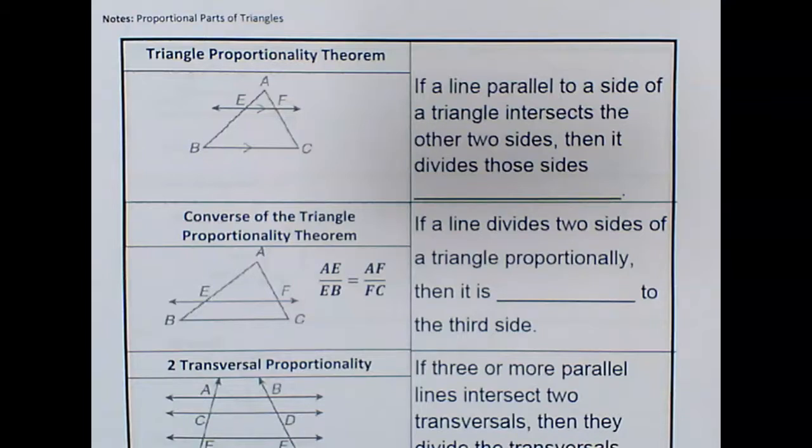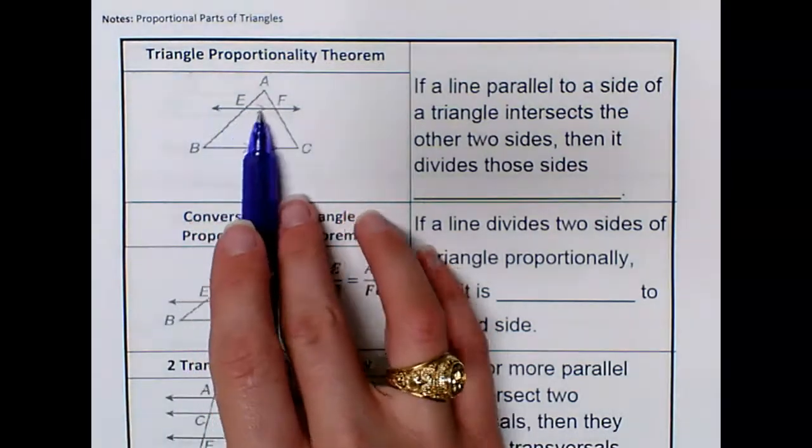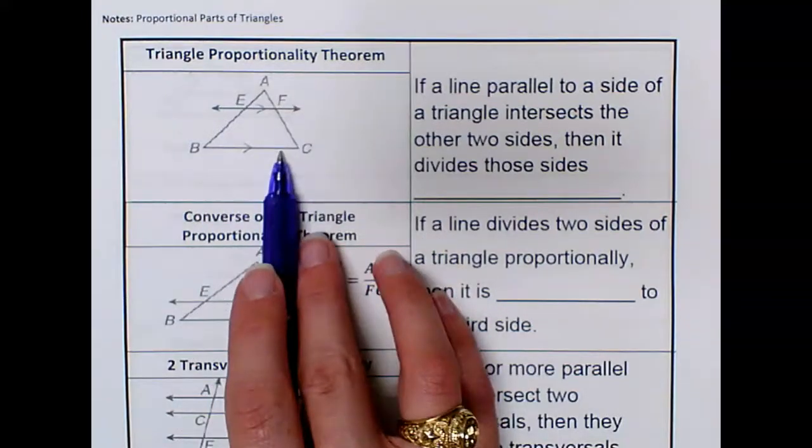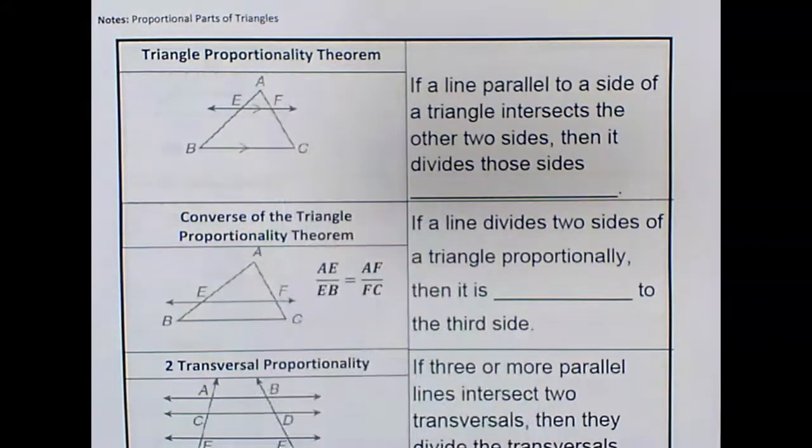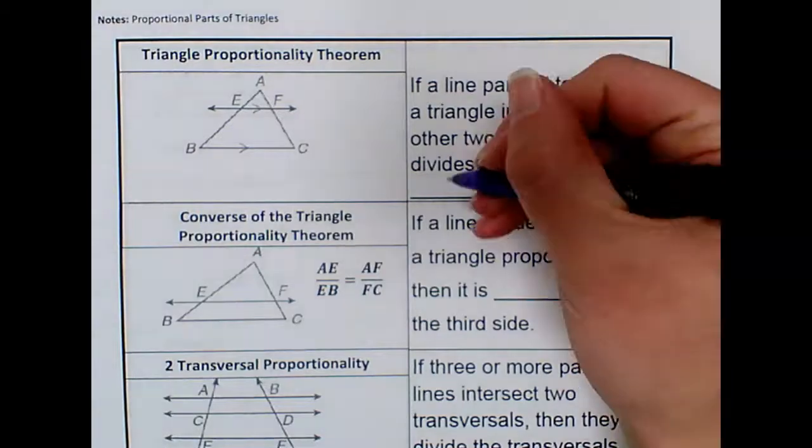The first one is the triangle proportionality theorem. It states that if a line parallel to a side of a triangle, so this is the line that's parallel to this side of the triangle, intersects the other two sides, then it divides those sides proportionally.